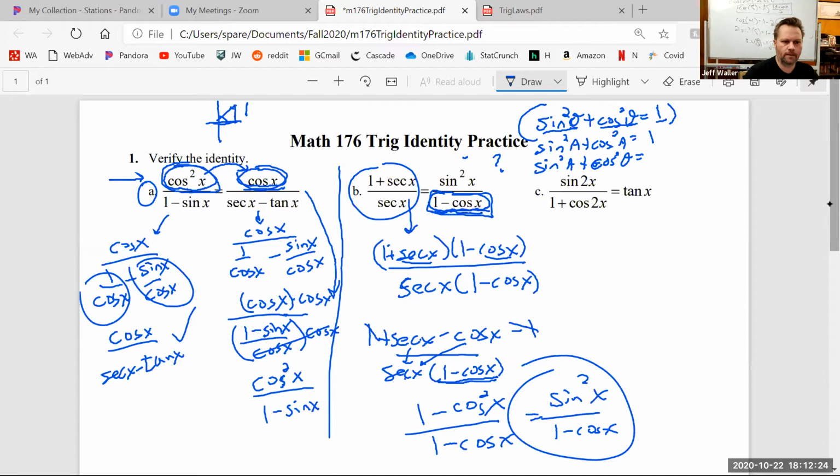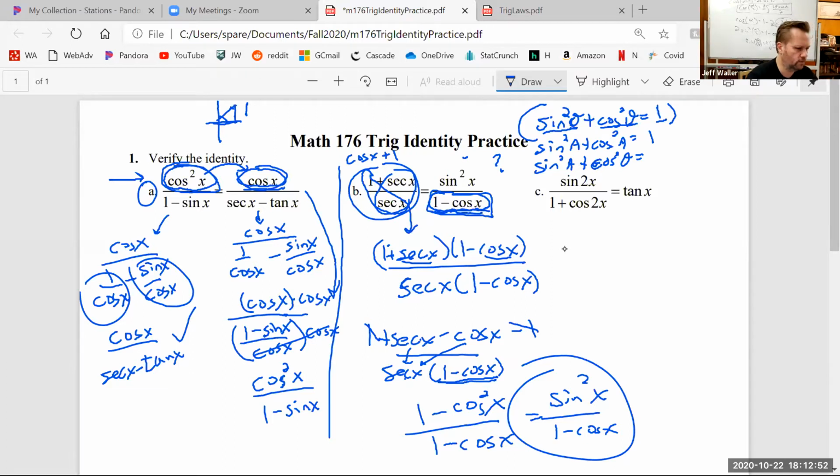Okay. So hopefully you're picking up on a couple of general things. Breaking it down to sine and cosine is not a bad idea if you really don't see anything else to do. I want to make sure you guys see something in the first way we did it. Can you guys see that 1 over secant is cosine and secant over secant is 1? So that just becomes cosine x plus 1 right away.